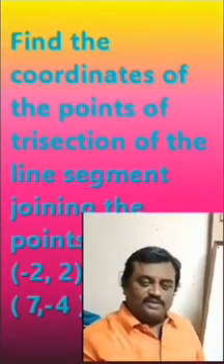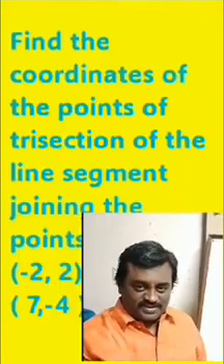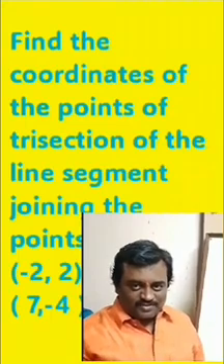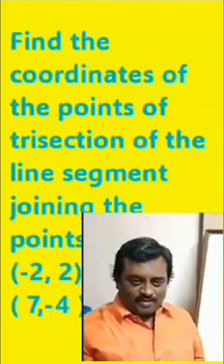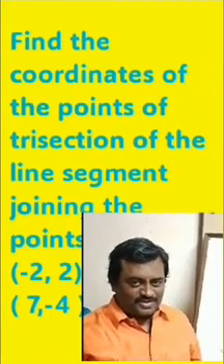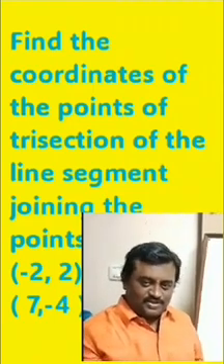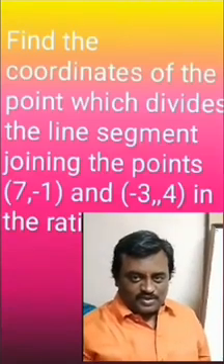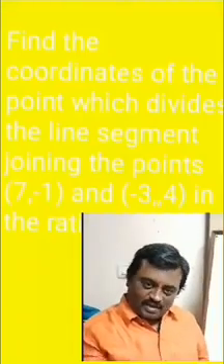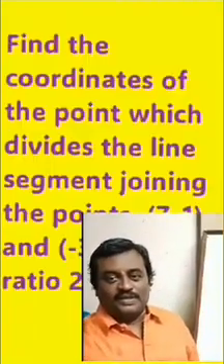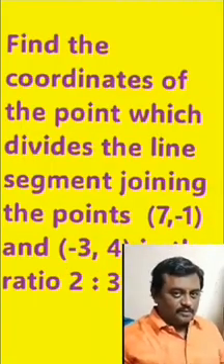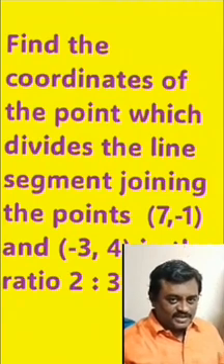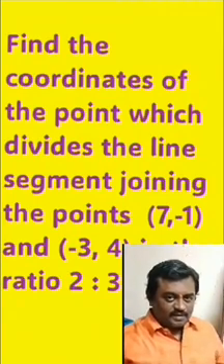The points which divide the line segment in the ratio 1 is to 2 or 2 is to 1 are known as points of trisection. So you have to find two points here. One point is P and another point is Q. This question is very important. Please remember. Please practice this question, my dear students.